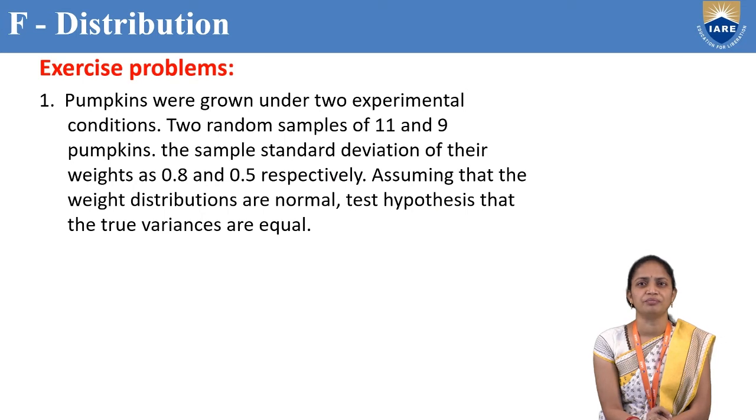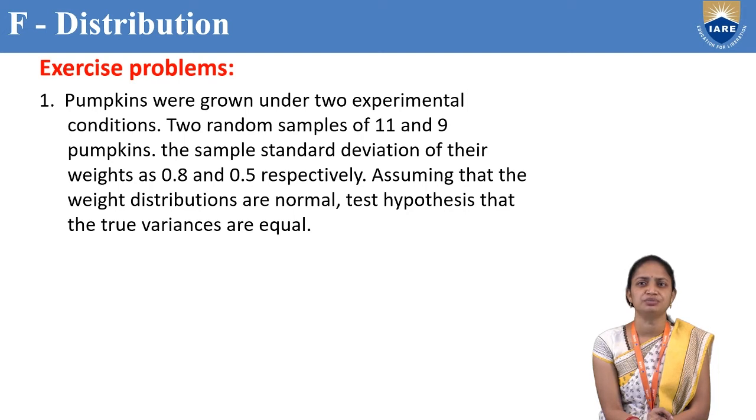So here we have an exercise problem. Pumpkins were grown under two experimental conditions. Two random samples of 11 and 9 pumpkins. The sample standard deviations of their weights are 0.8 and 0.5 respectively.